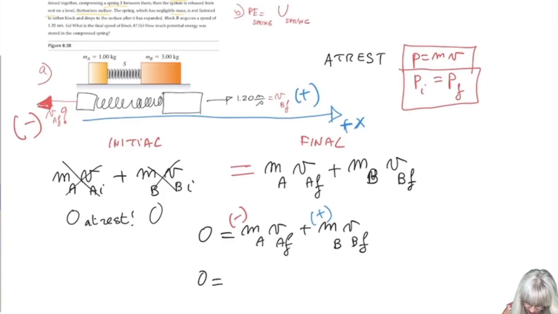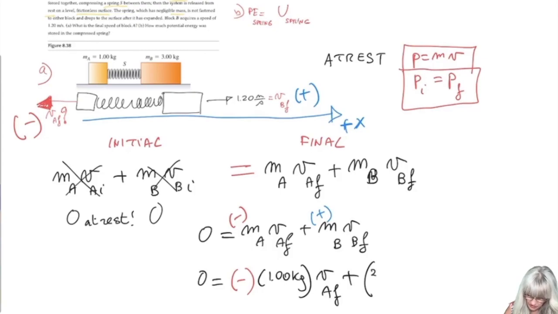0 equals negative, mass of A was 1 kilo, velocity, that's the one I want to find, plus mass of B was 3, and velocity final of B was 120.